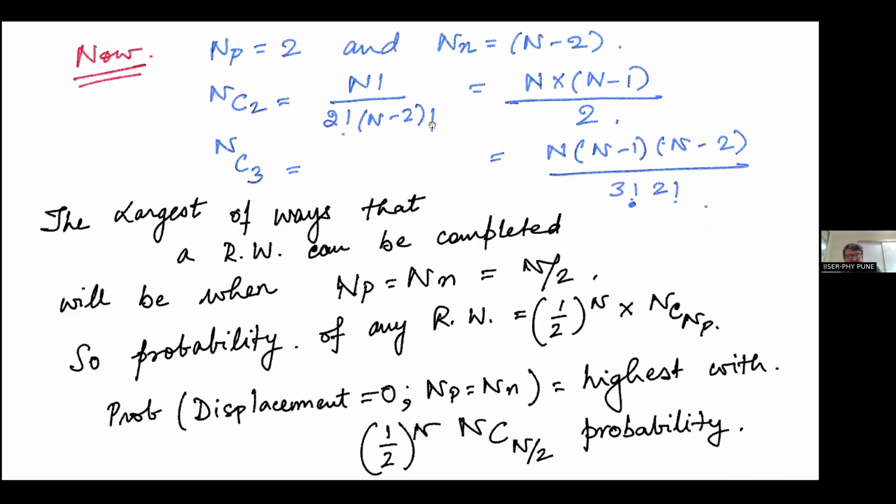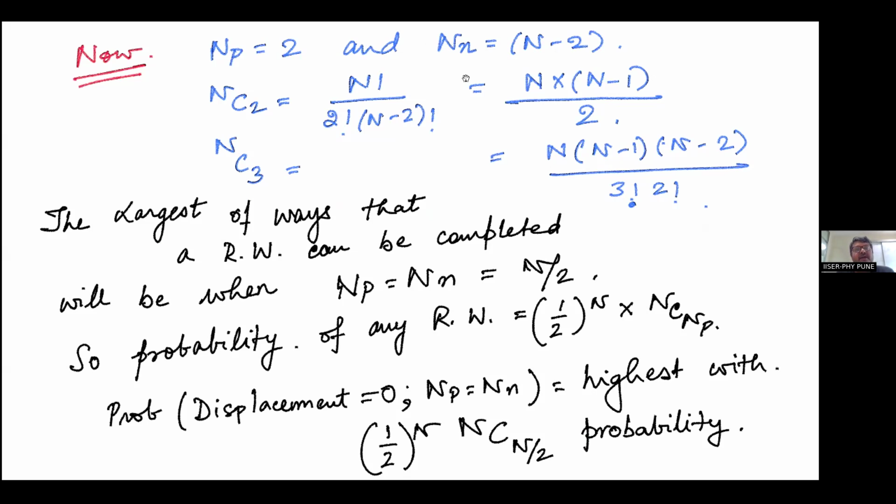See, n into n minus 1 by 2, n into n minus 1, here there is n minus 2, 3 into 2. So this factor goes on increasing, this nC3 goes on increasing till np equal to nn.